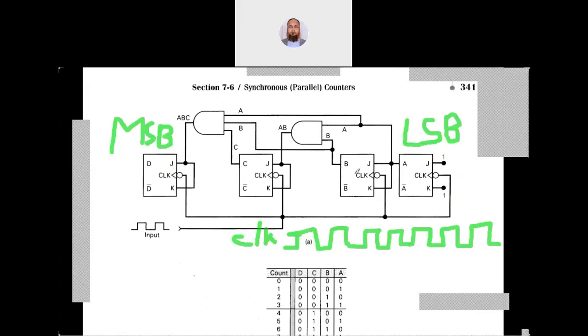You can see that for flip-flop A, both the inputs are connected to 1. Only A has both inputs connected to 1; flip-flops B, C, D are not connected to 1. In the asynchronous counter, you would remember, all the inputs of all flip-flops were connected to 1, but here only the first flip-flop, A, is.